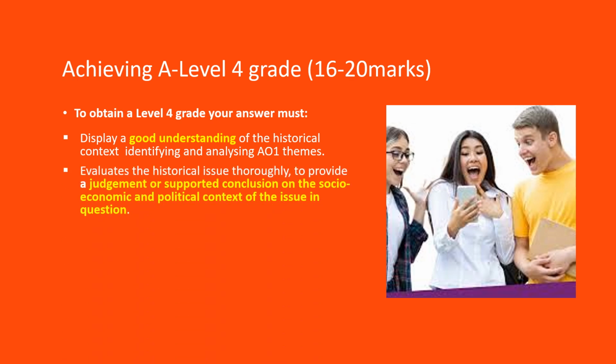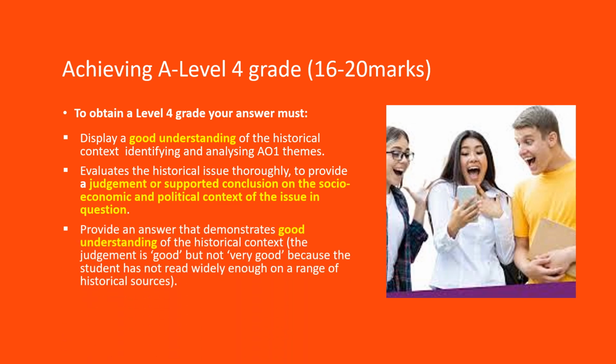It must evaluate the historical issue thoroughly to provide a judgment or supported conclusion on the socio-economic and political context of the issue in question, and it must provide an answer that demonstrates a good understanding of the historical context. Hence the judgment is good but not very good because the student has not read widely enough on a range of historical sources, so there are certain gaps which makes it a supported conclusion or a judgment rather than a substantiated judgment.